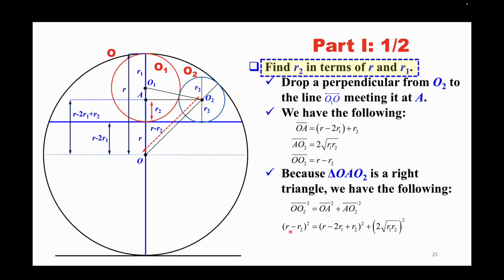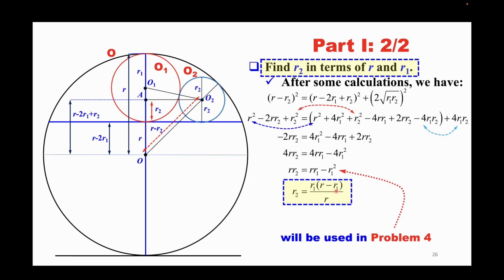Plugging the value of OO2, which is R minus R2. OA is R minus 2R1 plus R2. And AO2 is this one, 2 times the square root of R1 times R2. So we have this relationship. This relation has R, R1, and R2 involved. So let's simplify this relation.